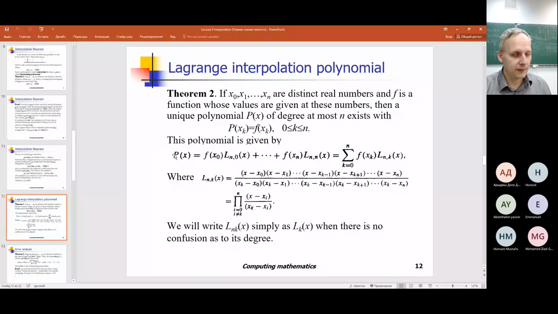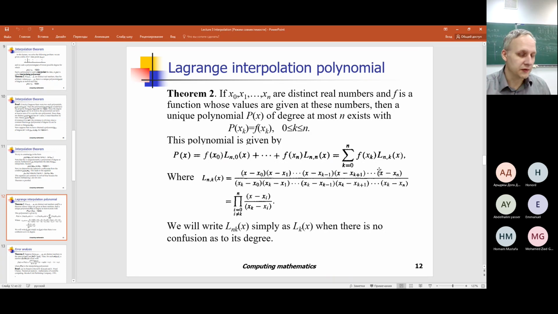We can write a polynomial Pn of x that equals the sum of the following terms: f of x0 times L0 of x, plus, and so on, f of xn times Ln of x, where Lk of x is a fraction that looks like this.